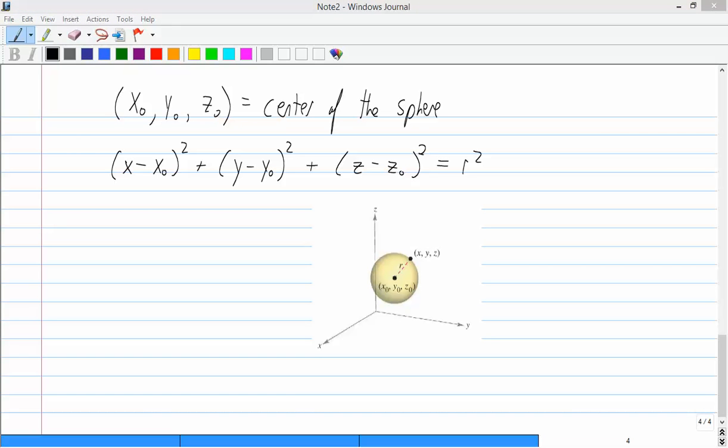How would we find the equation of a sphere if I gave you 2 points, maybe the center and any point on the outside?